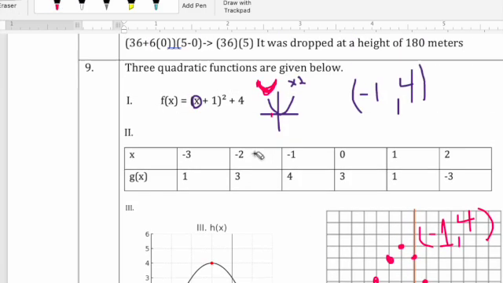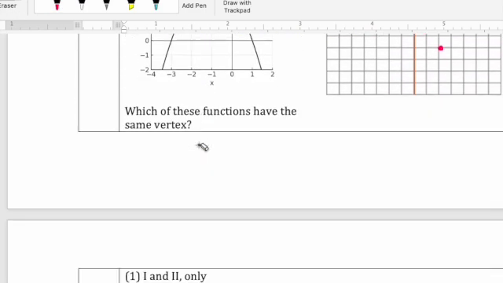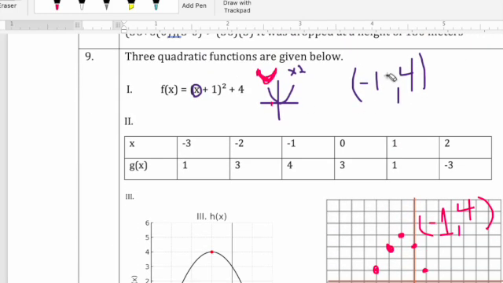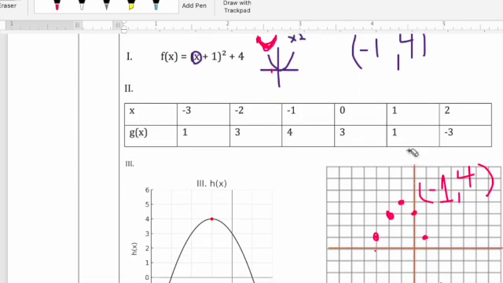All right. So, which of these functions have the same vertex? So that looks like it's the same. Something is up with this function here.